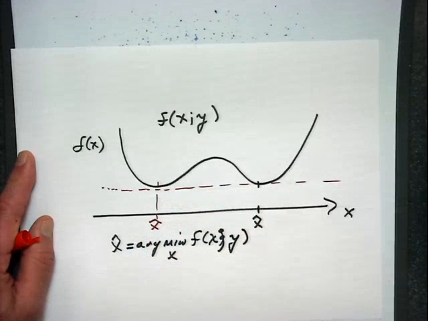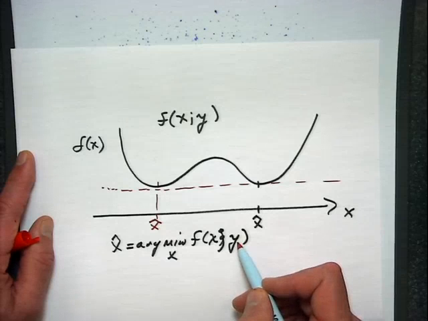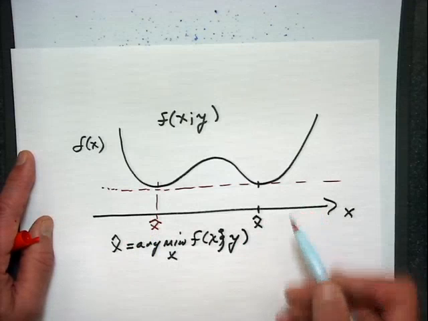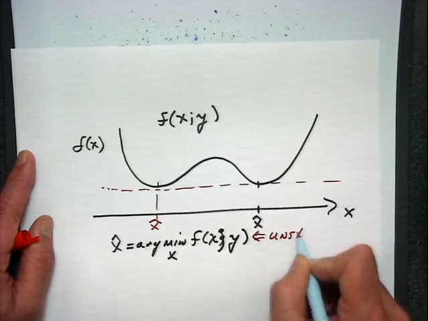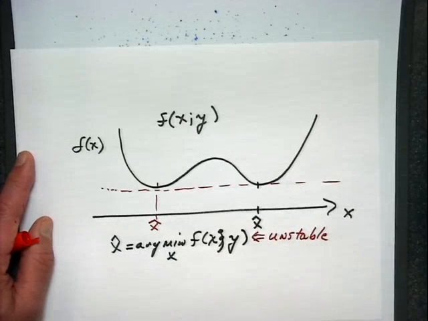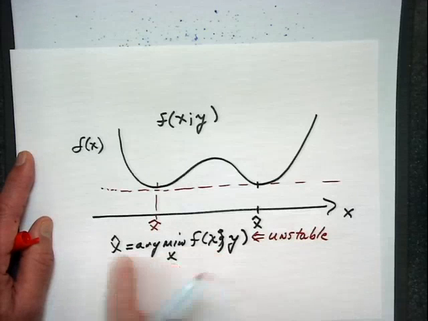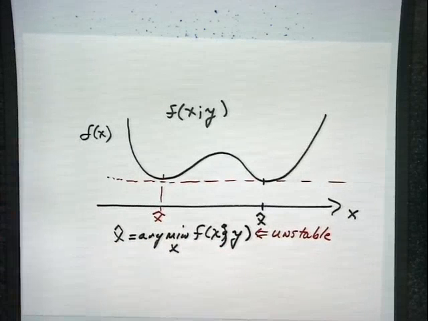So an arbitrarily small perturbation in y could create a large perturbation in x. So this is unstable, in the sense of it being a discontinuous function of y. So f is a continuous function of y, but the minimization of f with respect to x produces a discontinuous function of y.